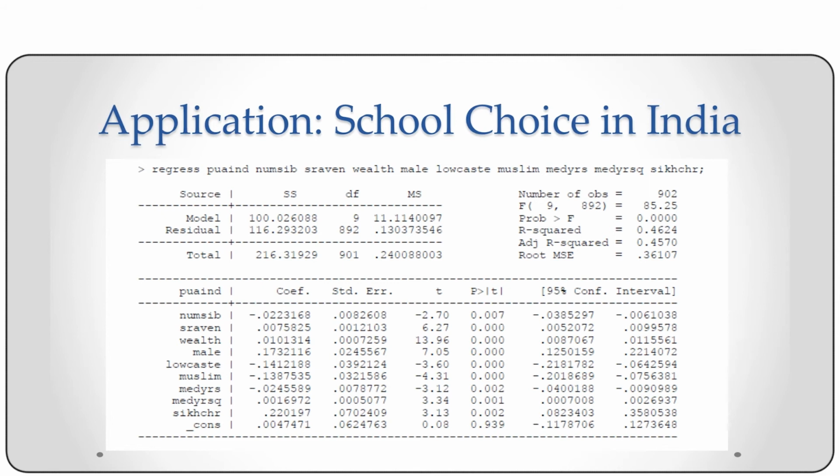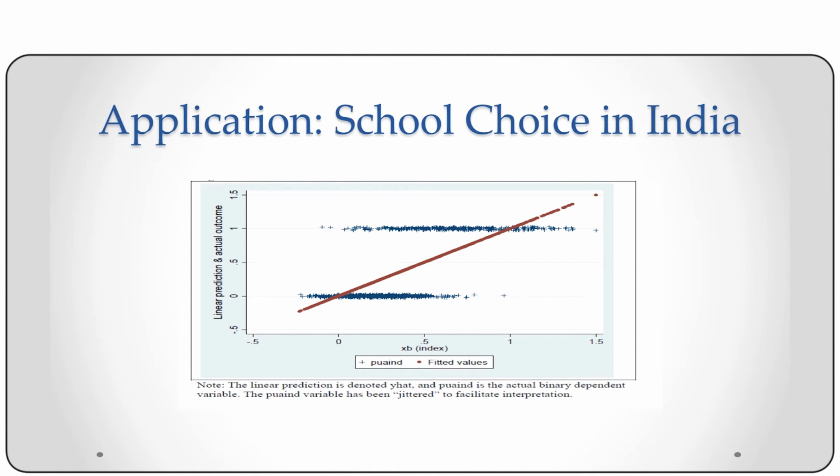So to begin with, we do some exploratory data analysis on the data, and then we fit the linear probability model. So here again is the graph which I just showed you earlier, and again we note that there is a problem with this fit. The problem is that when I look at the predicted probabilities, the predicted probability is larger than 1 for 61 observations, and the predicted probability is less than 0 for 81 observations.